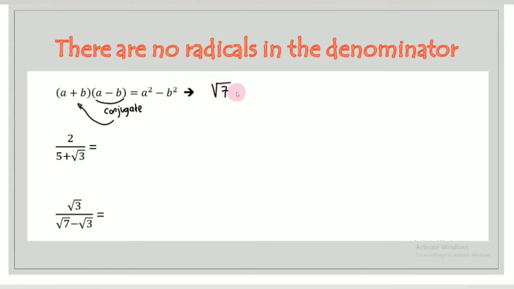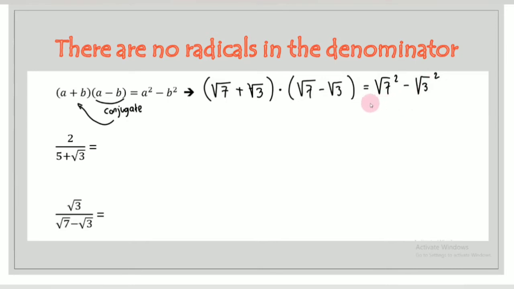So if I have, for example, square root of 7 plus square root of 3, I multiply it with its conjugate, which is square root of 7 minus square root of 3. So if I multiply, I have square root of 7 squared minus square root of 3 squared.